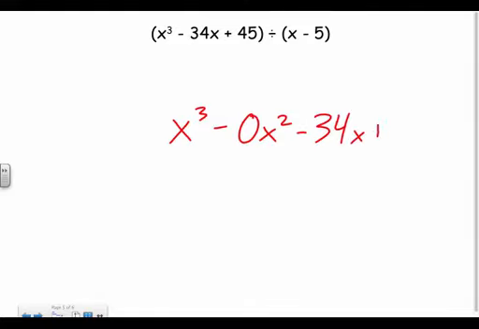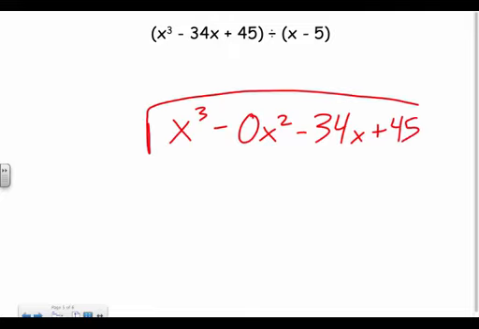Minus 34x plus 45. And we're dividing by x minus 5. So I'll go ahead, since we're missing x squared, maybe just put the minus 0x squared, just so it helps you. Well, I need this x to become an x cubed, so we got to multiply by an x squared.